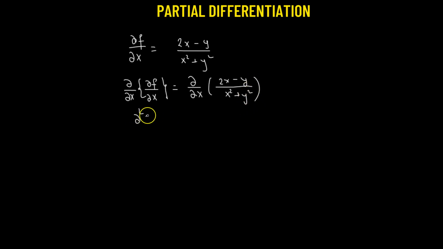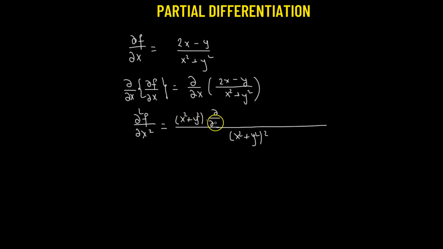So this gives us the second partial derivative of f with respect to x, which will equal, on the right hand side, using the quotient rule: starting with the denominator, we have x squared plus y squared whole squared. In the numerator, we have x squared plus y squared, which will get multiplied by partial with respect to x of 2x minus y, minus 2x minus y times partial with respect to x of x squared plus y squared.